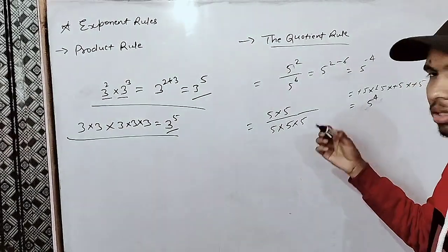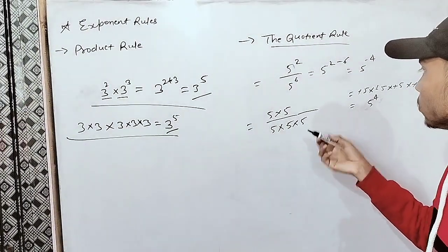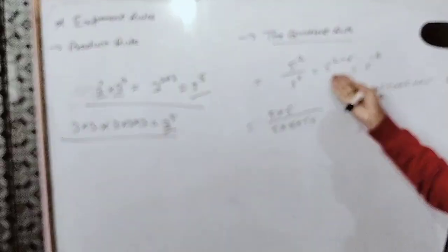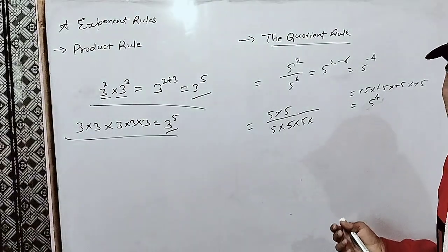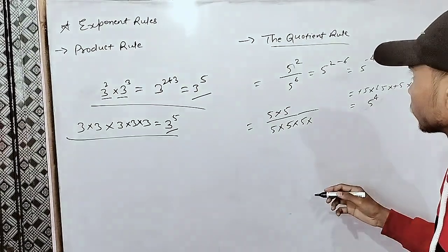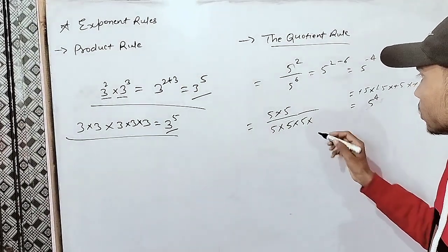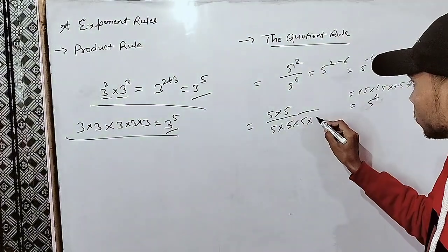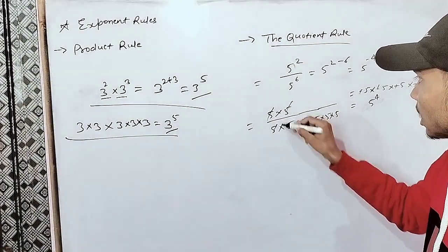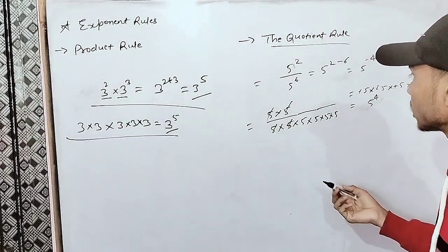This is a simple rule that we use. Instead of this, we can use this rule so that we can save our time. How many times? 6 times. So here one will get cancelled and the second will get cancelled.